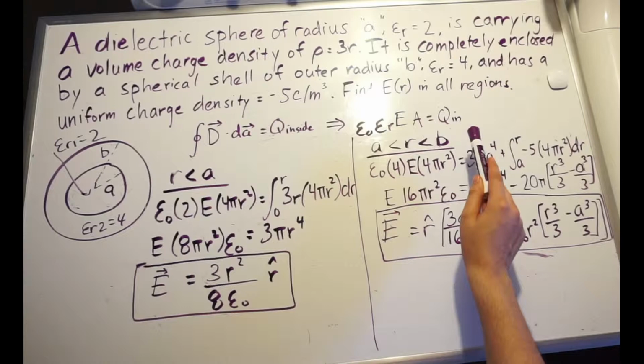Epsilon r indicates how easily the dielectric material can be polarized by nearby charges.